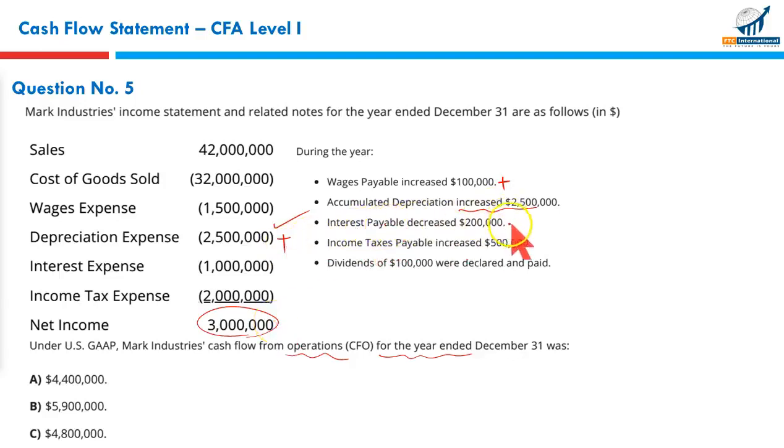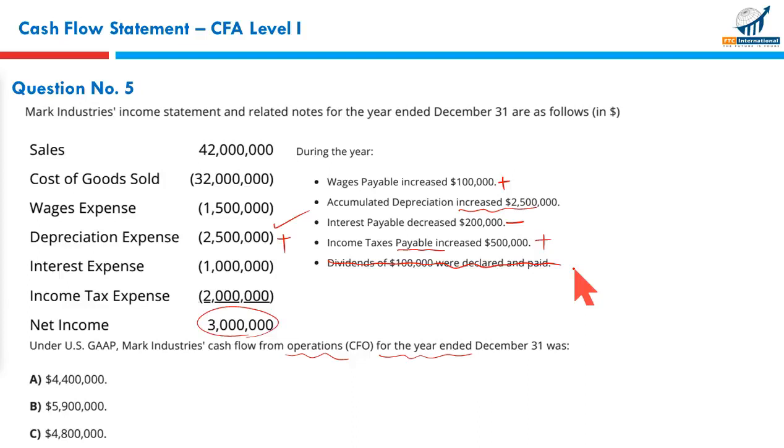Interest payable decreased. When a liability decreases over the period, that means you have paid. It's an outflow. Income tax payable increased. Increase in liability means you have withheld cash. It's an inflow. And dividend payment will not be considered as a part of operating cash flows because explicitly dividend payments are shown as a part of financing outflow.